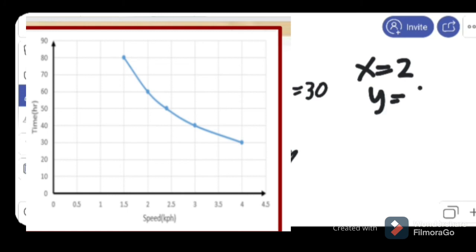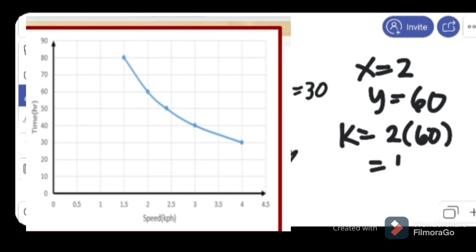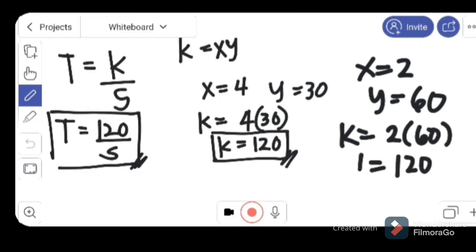Observe carefully. y is 60. When we solve for k, 2 times 60 is equal to 120. Therefore, the graph really is a graph of inverse variation with a constant of 120.